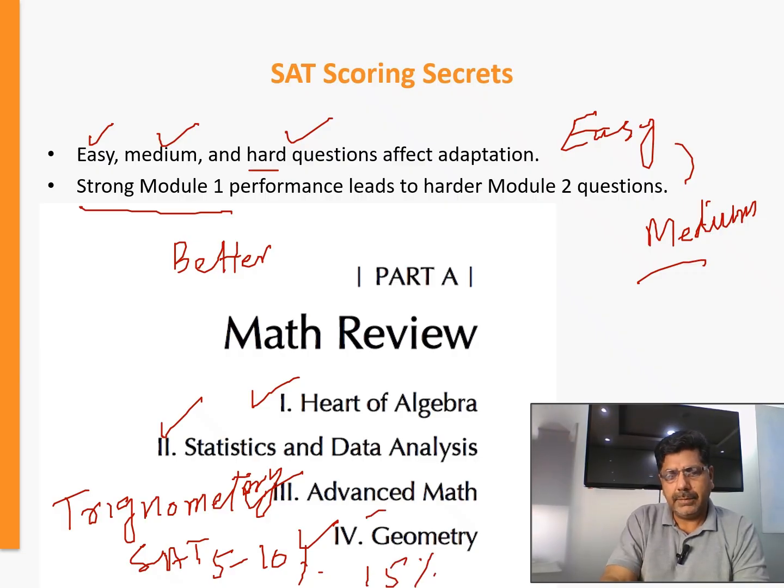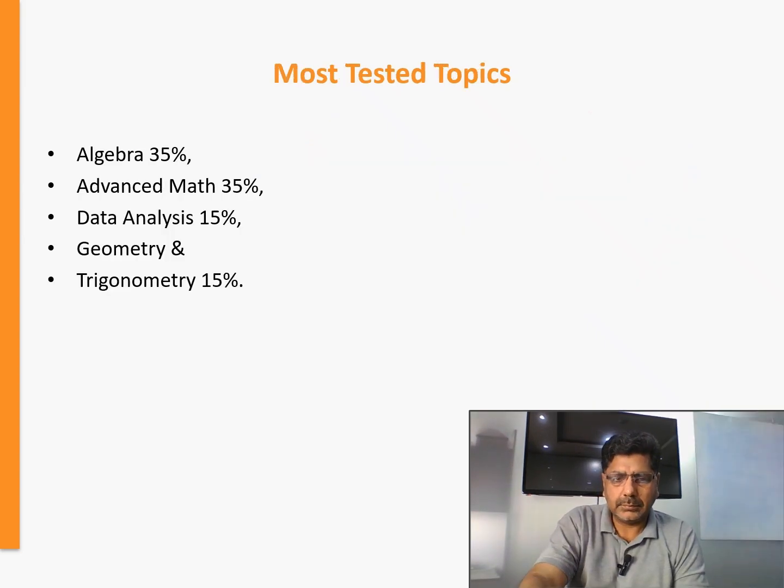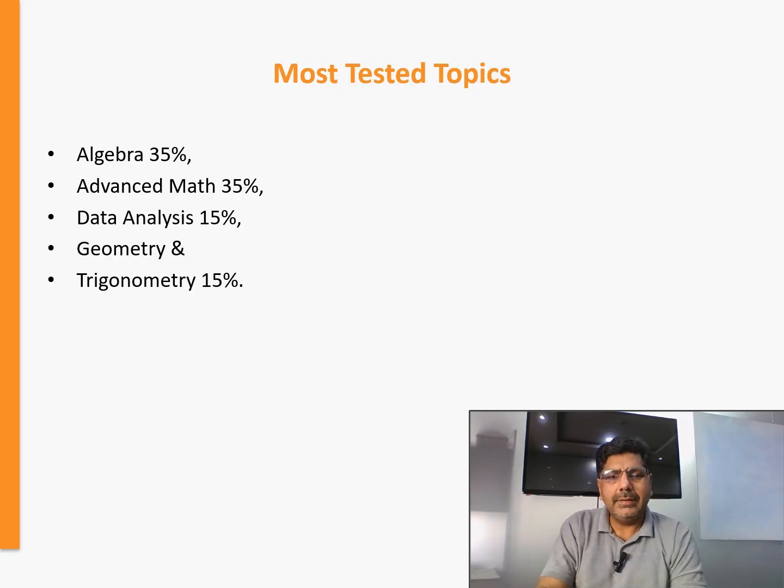Most of the time it is geometry and related things. So have a look at that: 35% is algebra, 35% is advanced math, data analysis is 15%, and geometry and trigonometry together are 15%.